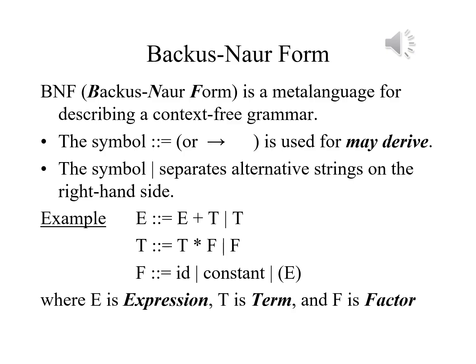Here we see a simple example of an expression grammar. E, or expression, derives E plus T, or term, or it will derive simply term. Term derives T times F, which is a factor, or simply a factor. F derives identifier, or constant, or an expression inside parentheses.